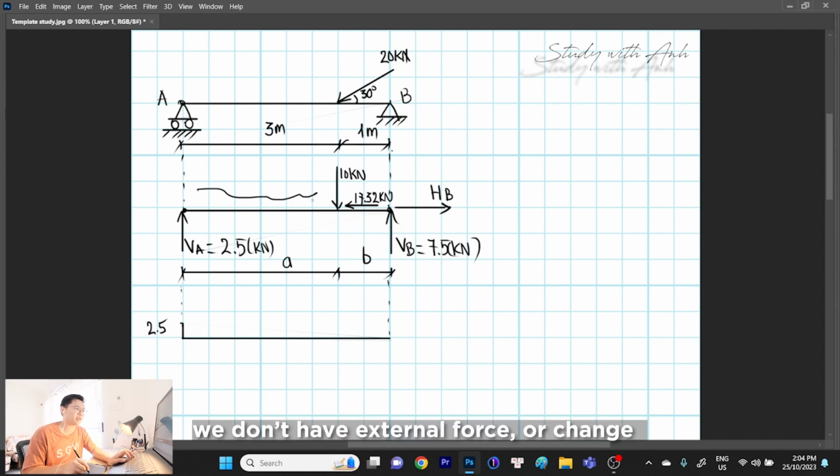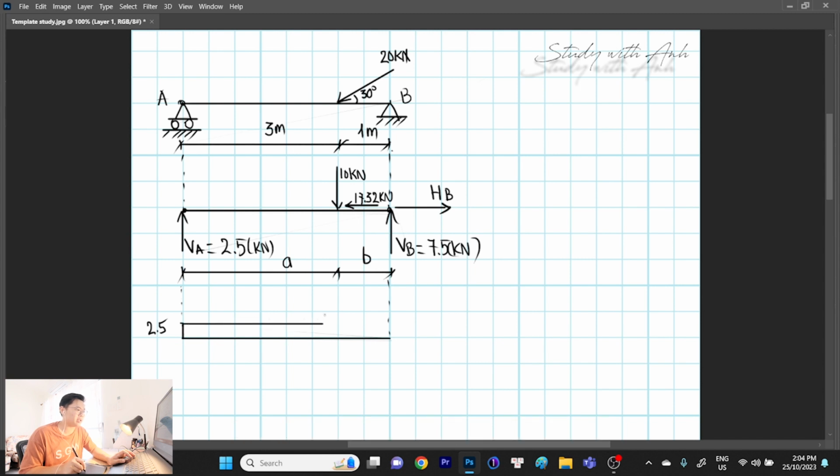We don't have force, we don't have change, which means it remains constant until it reaches the point C. Here we have the point load 10 kilonewton pushing it down, so 2.5 minus 10 will be negative 7.5, so negative 7.5, right?